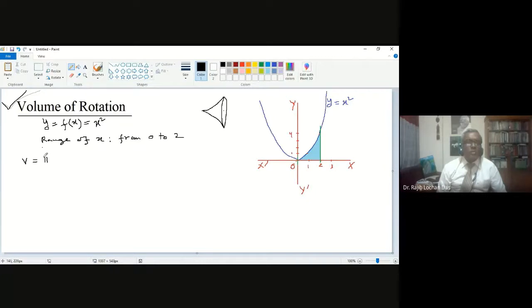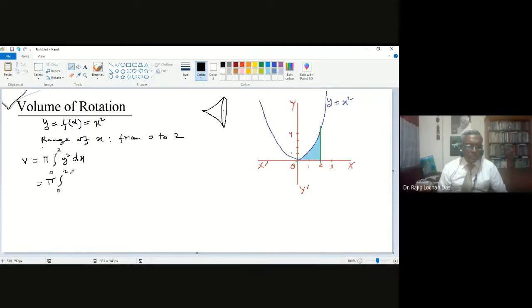So how to do that? This is not a big deal because it is very easy. You can do it easily. Pi, then 0 to 2, then let me write the formula, y square dx. You can put the value of y, so it will be x to the power 4 actually.